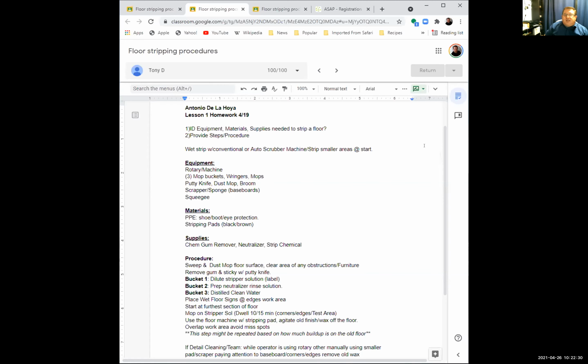So my time that I'm waiting in between coats is much faster, especially if I have multiple entrances. Now, the challenge would be if I only have one entrance to that multi-purpose room, it's going to be a little challenging because I have to wait for the last area I did to finish drying.